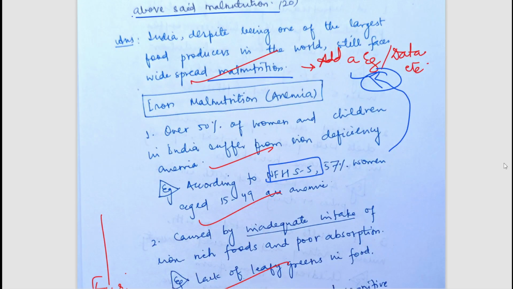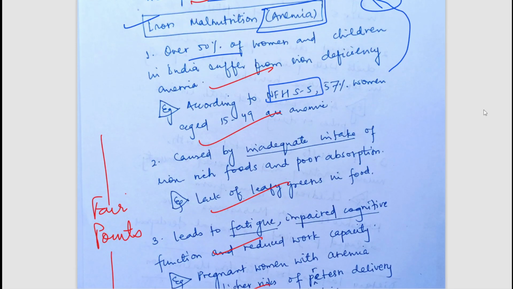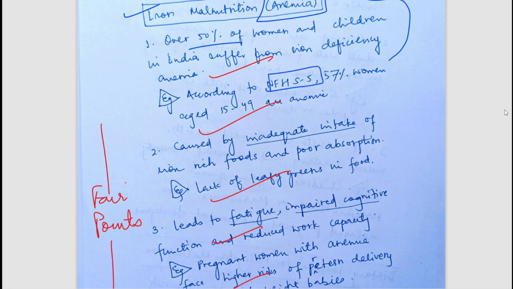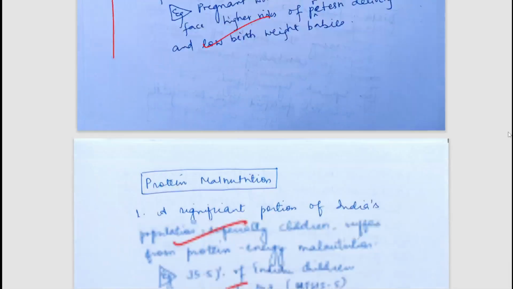Okay. So first we will discuss iron malnutrition, which is the cause of anemia. We all know that around 50% of women in India are anemic due to this iron malnutrition, owing to inadequate intake of iron-rich foods. Obviously, it leads to fatigue, impaired cognitive functions, reduced work capacity.